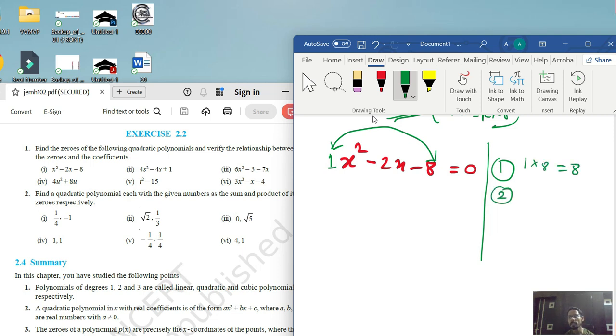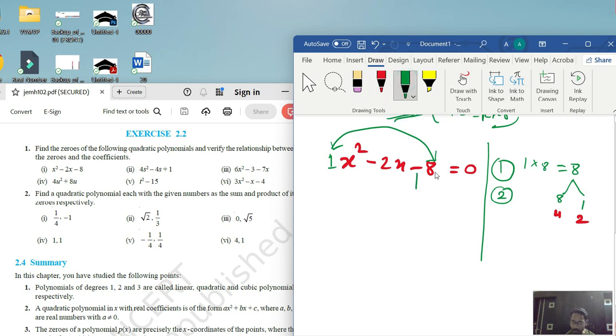Second step is factorize it. Factorize this term like 8 1 ja 8. Otherwise, we can say 4 2 ja 8. Any other idea to get 8? No. Only two ideas we have. Okay. Now, I am going to tell you one secret.